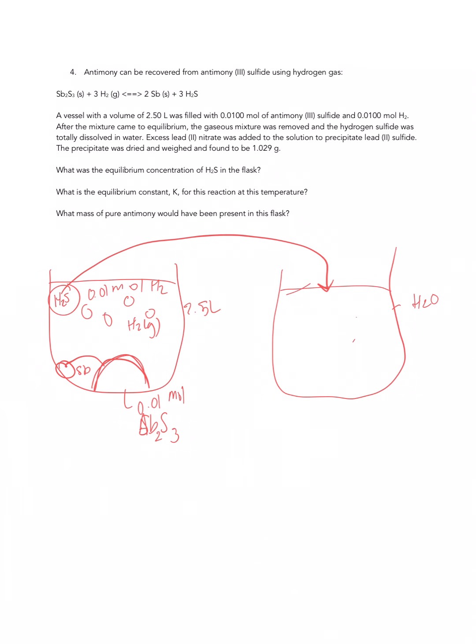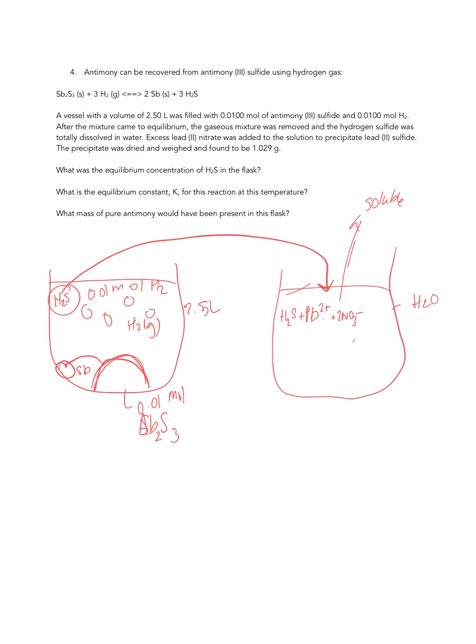So what happens is we take H2S and then we add in lead nitrate, all right, so that's Pb(NO3)2. Now, anything with a nitrate is going to be soluble. So this is actually Pb2+ plus 2 NO3-.